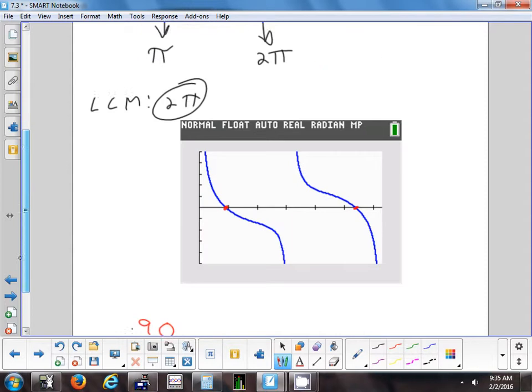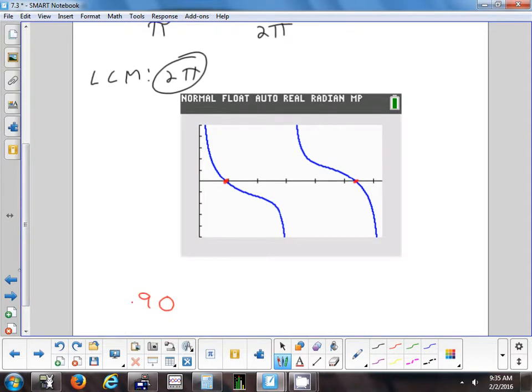So would that be bracket or parenthesis? Parenthesis. Okay, now it's 0.90 up to a certain point. Remember, there's an asymptote, so it's 0.90 up to that asymptote.